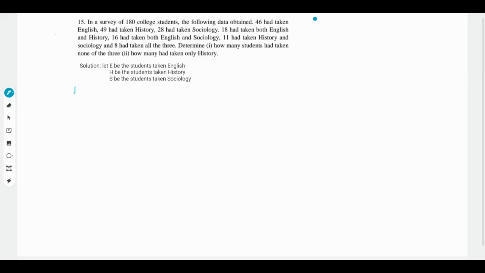Here they have given English as 46, H is 49, then S is 28, then English and history, E intersection H, is 18, English and sociology, E intersection S, is 16, history and sociology, H intersection S, is 11, and all, E intersection H intersection S, is 8.